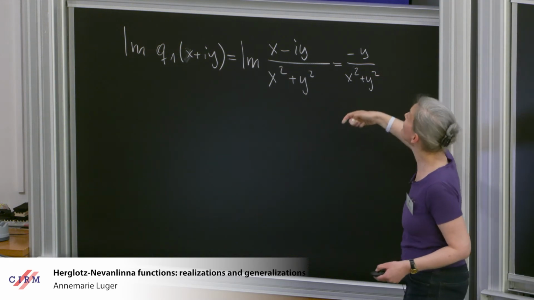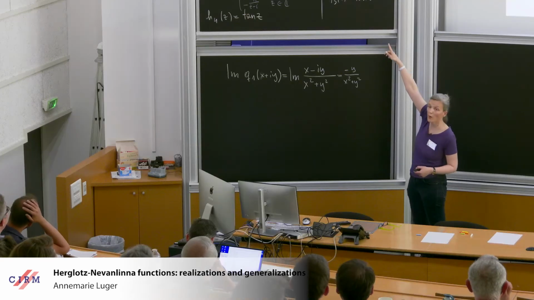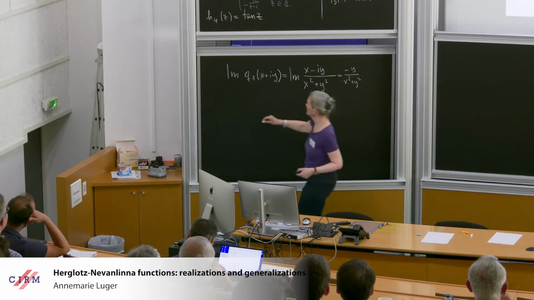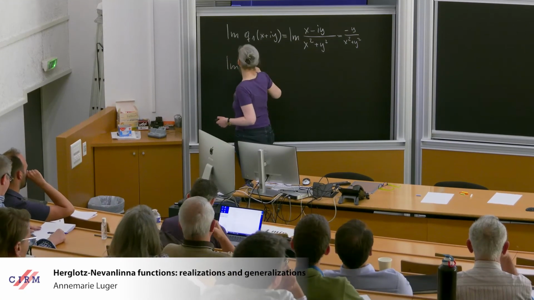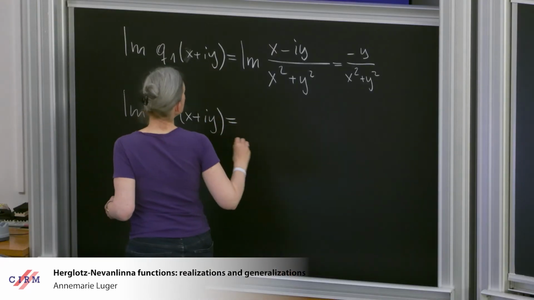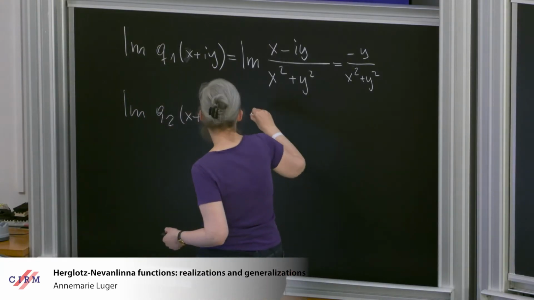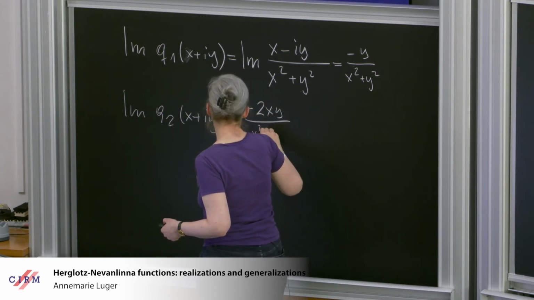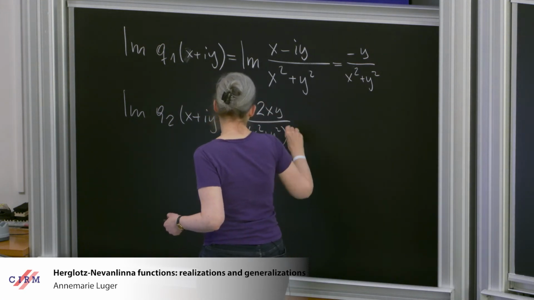And in the same way, we could check this squared. Yes? So if we check the squared, the imaginary part of q2 of x plus iy is equal to minus 2xy divided by x squared plus y squared, squared.